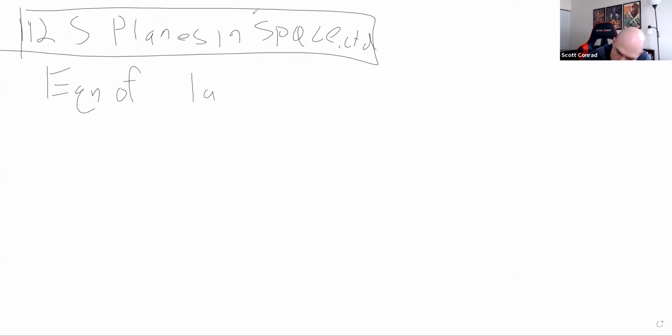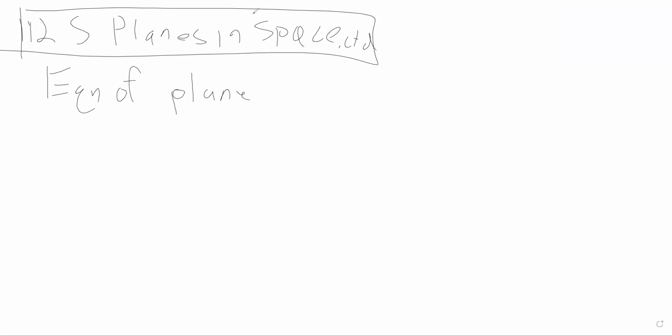Every question asking you to find the equation of a plane, you want to find 2 things. What are those 2 things we want to find? What 2 things do we need for the equation of a plane? Right, so we need a point and we need a normal vector, correct?